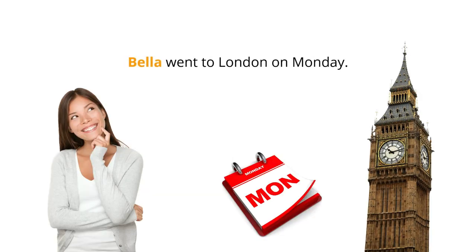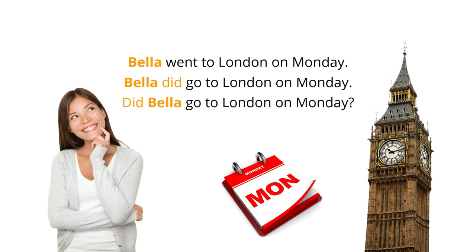Again, we've seen this before, a similar structure. Bella went to London on Monday. And of course, we cannot invert anything with went, so we have to go through another stage and say Bella did go. Then we can make the question inversion, did Bella go to London on Monday?